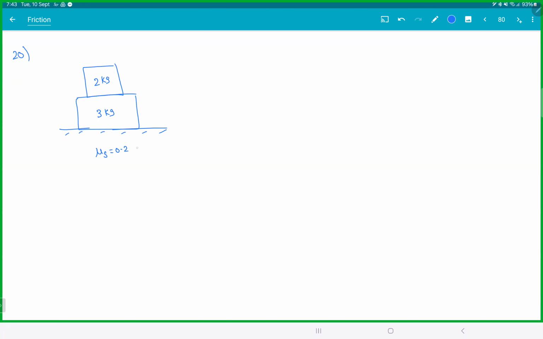Let's say mu s is 0.3, mu k is 0.1, and let's say F is equal to t. Plot the acceleration graphs for 2 kg, 3 kg. Try, I'll give you 3-4 minutes.